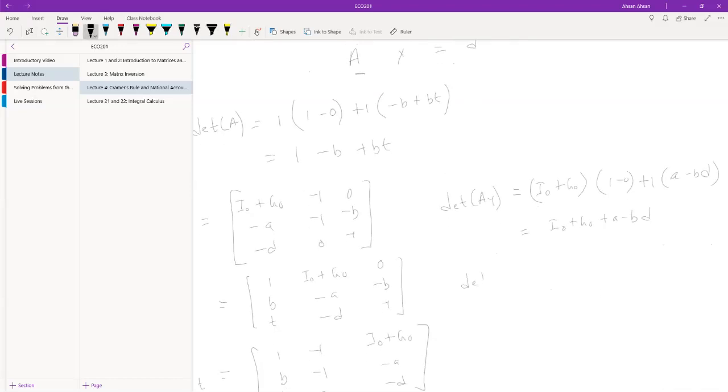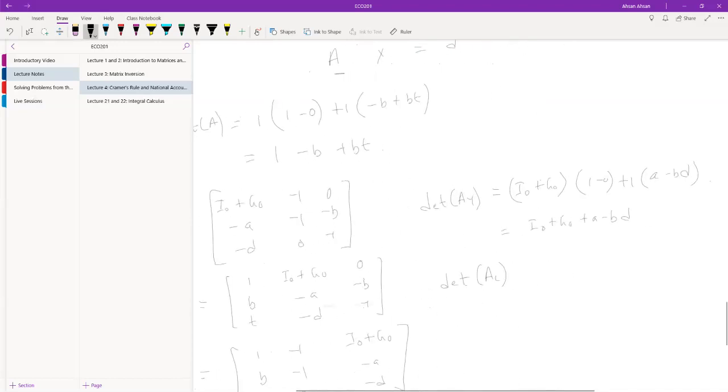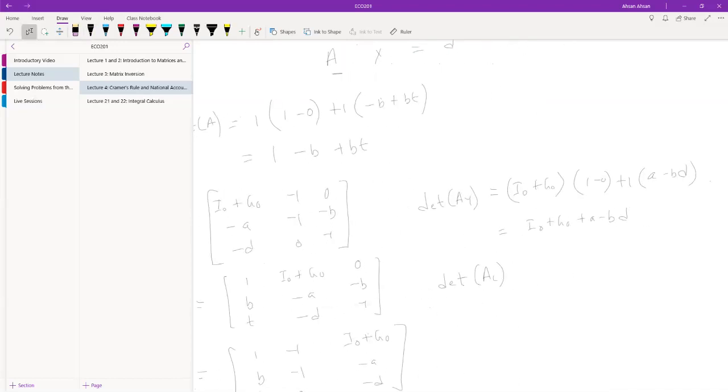If I calculate determinant of AC, this is AC right here. So once again, I'm going to start off with the first row. So 1 times A minus BD minus I naught plus G naught times minus B plus BT.